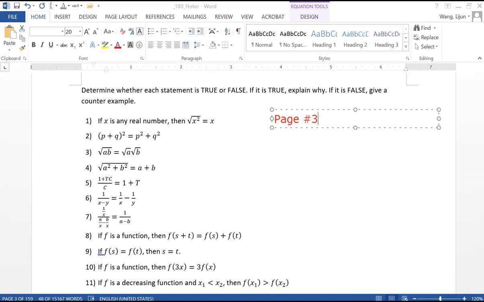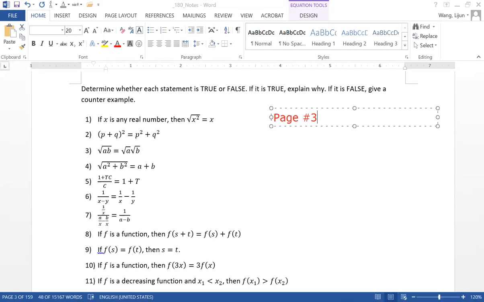I found these exercises in your calculus textbook at the beginning. This is like a quiz for students who are just about to take a calculus class. It's a kind of self-check. I'm going to give you 5 minutes.